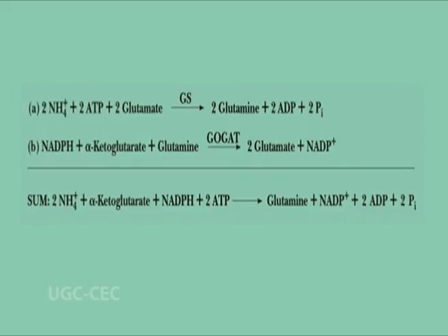Glutamate is often the amino donor substrate in biosynthetic reactions, with the result that 2-oxoglutarate will be a product. 2-oxoglutarate is a substrate required for nitrogen assimilation by both GDH and GS-GOGAT pathways.